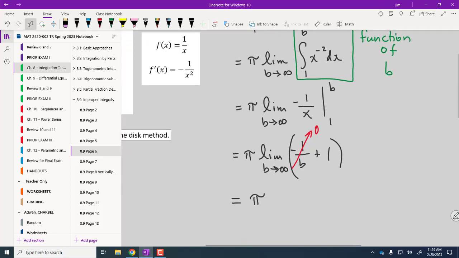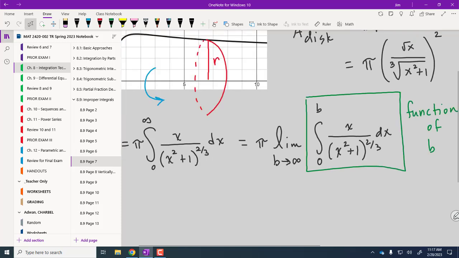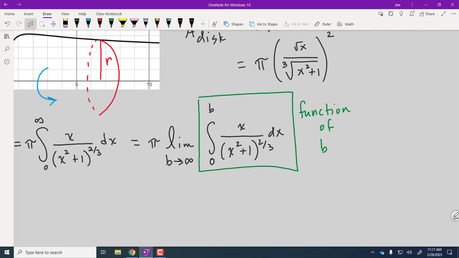And then in the very end, we take the limit as b goes to infinity. So this is a definite integral, but it's different than a definite integral where you have numeric limits of integration. With numeric limits of integration, you always end up with a constant at the end. But if you have a variable in one of the limits of integration, you end up with a function. And then we take the limit of that function. So when you're looking at that, that's what we're doing. We're finding a function that's measuring partial volume, and then we're taking the limit as b goes to infinity to get total volume. In this case, volume.